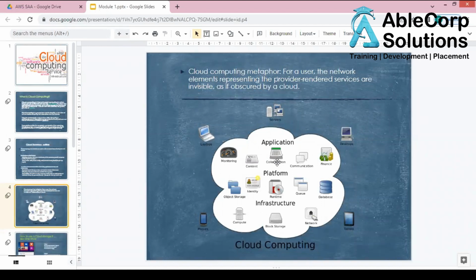Whenever we are talking about an application or a software, it will end up into SaaS. Whenever we are talking about multitasking, multiple things, it will end up into platform as a service, PaaS. When we're talking about infrastructure, hardware, it will end up into IaaS, infrastructure as a service.